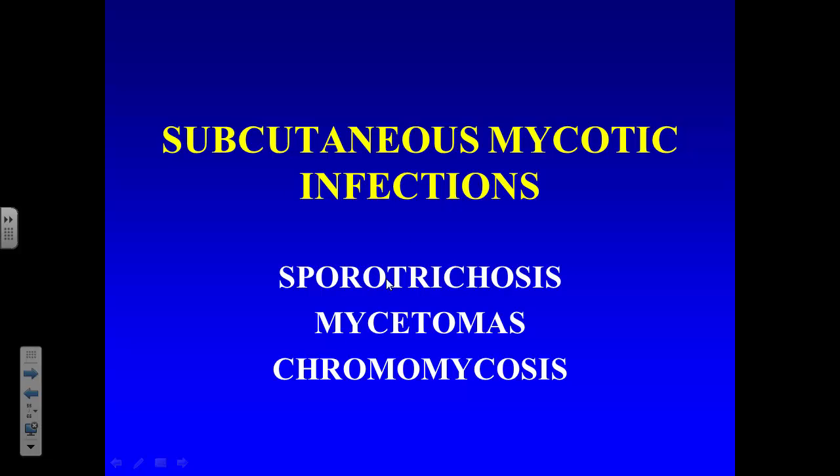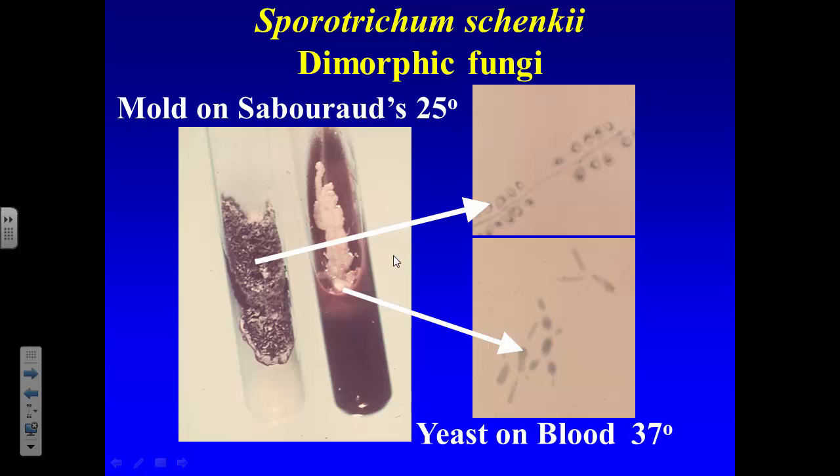So let's talk about sporotrichosis first. This is the first classically dimorphic fungus that we're talking about. Sporotrichum or Sporothrix schenckii. It grows on Sabouraud's agar, shown here, as a mold. And in the microscope, you'd see hyphae with blastospores growing off of these hyphae.